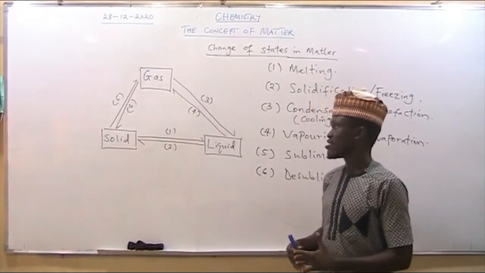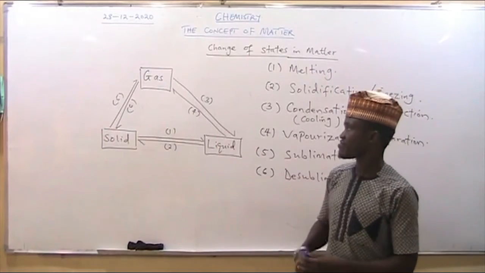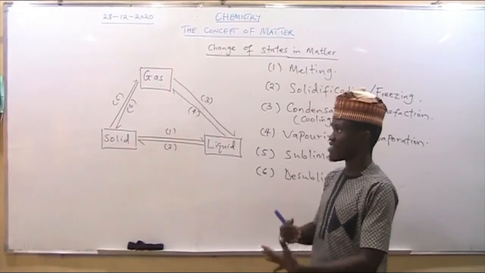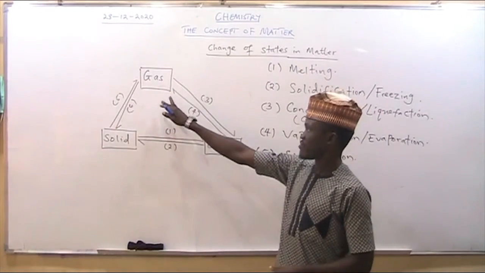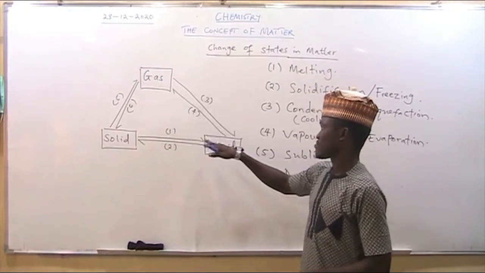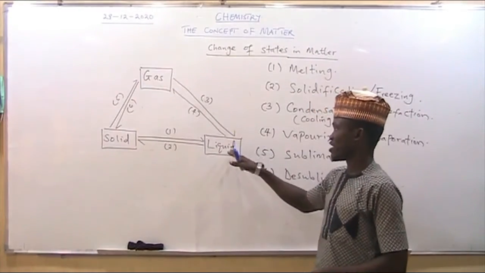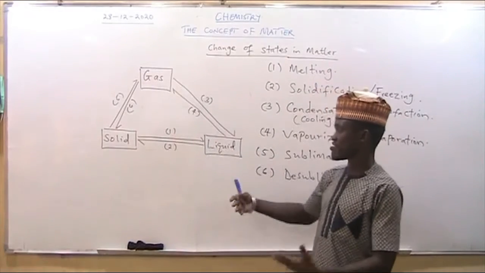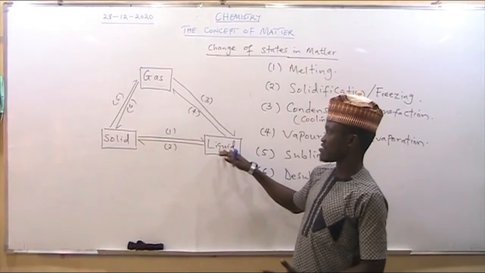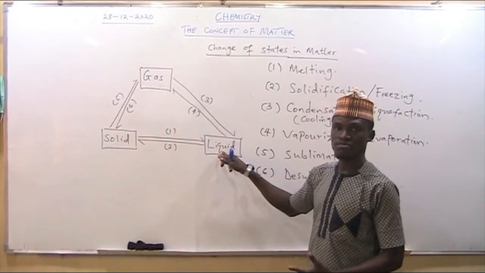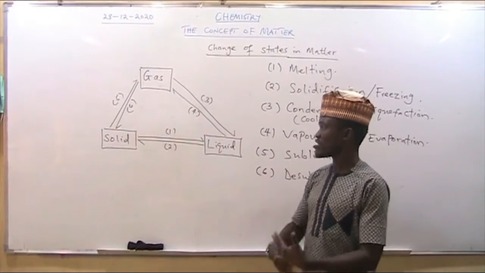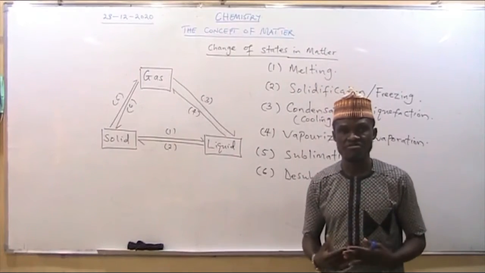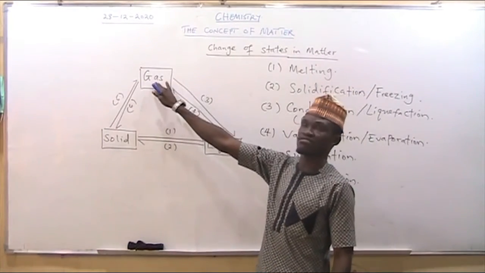Is that okay? Now we also have the third and the fourth process here, which are also reversible, whereby we have a gas turning into liquid and liquid turning into gas. Let's say, for example, when you increase the temperature of the liquid, the liquid molecules gain kinetic energy and escape in form of vapor, turning into gas.